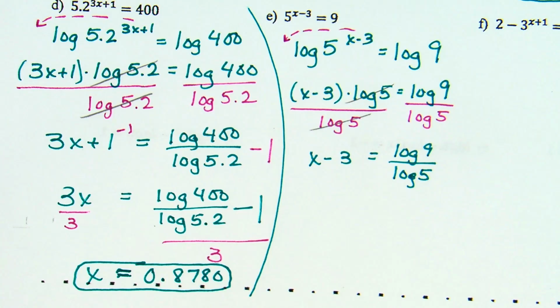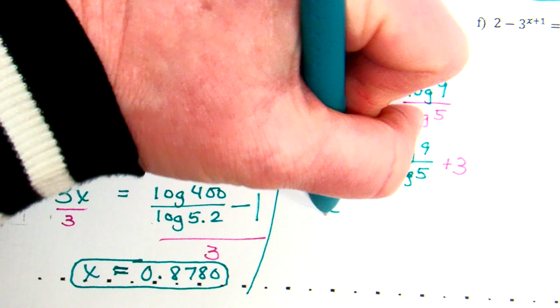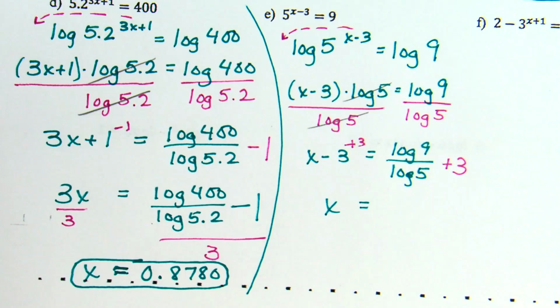How do I solve for x? It's x minus 3. We're going to add 3. So x equals... okay. And this comes down to trying to think, could you do this in your calculator all at once?